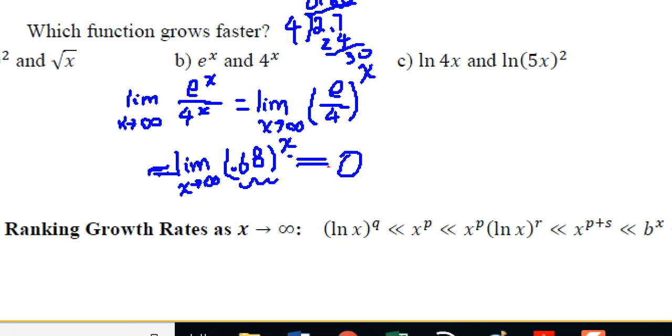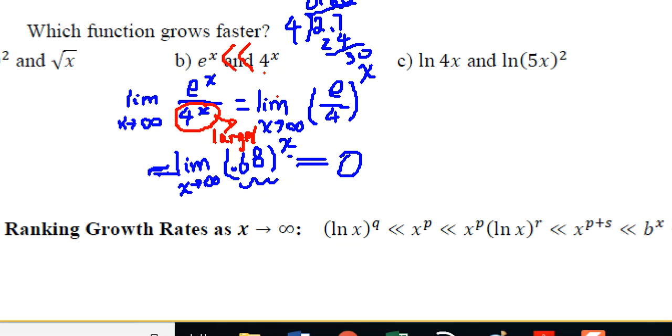You can plug in a number, say x is 10 or 20, and you see that it's getting smaller and smaller. Again, when the limit is 0, which one has to be larger so that the ratio is 0? This one has to be larger. Therefore, I know 4 to the x grows faster than e to the x.